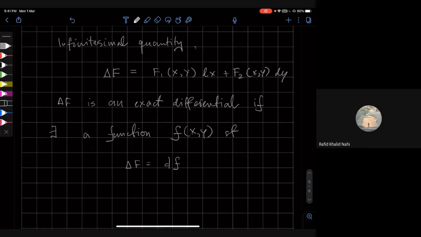Okay, so if such a function exists, then this is an exact differential.